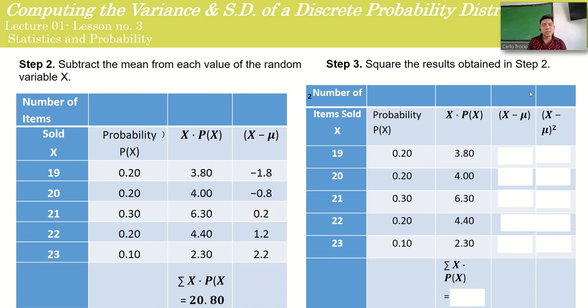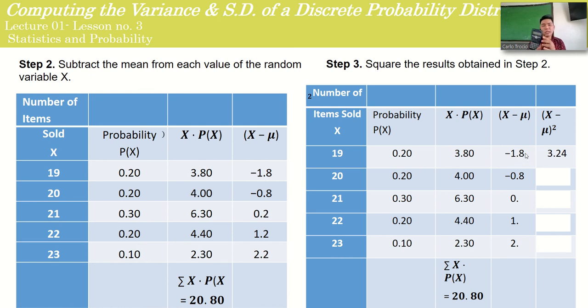And then the next step is you are going to square the difference in this fourth column, x minus mu. You're going to add square here. So you already had the differences here, and then square. So you'll have 3.24. You have negative 1.8 squared.